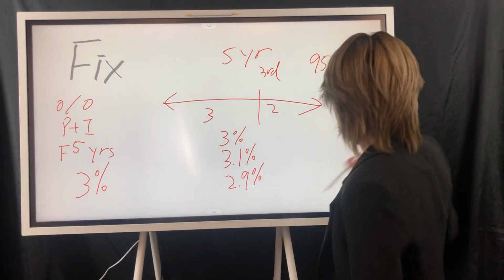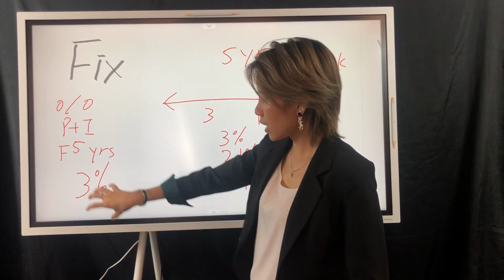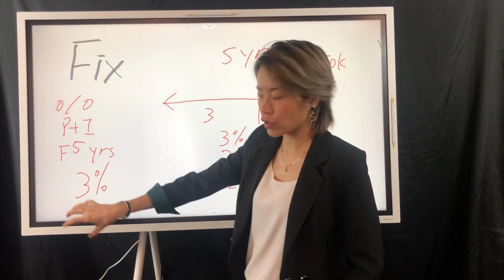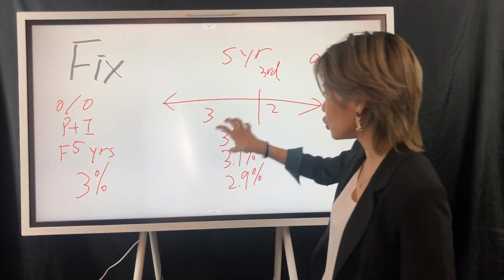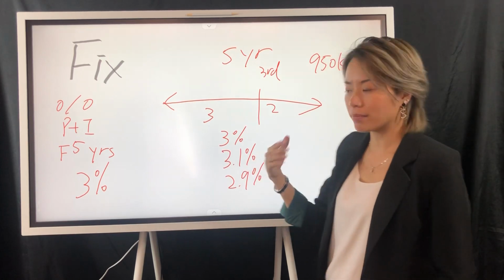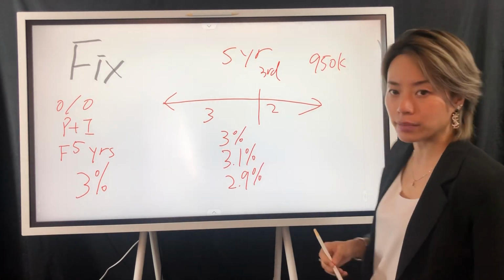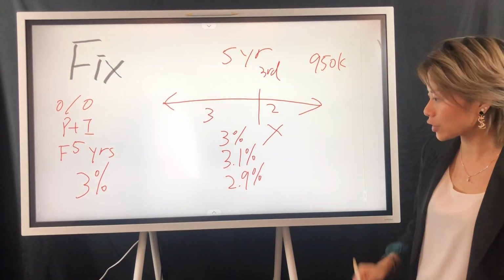So what will happen? The concept is very easy to understand. If you break the fixed term at 3%, the lender takes your 3% and lends it to someone else at 3%. They're not making any money, but they're not losing any money. So there's no penalty when you break the fixed term.